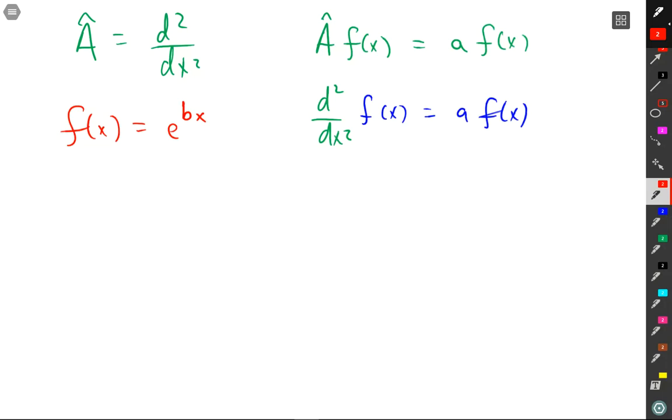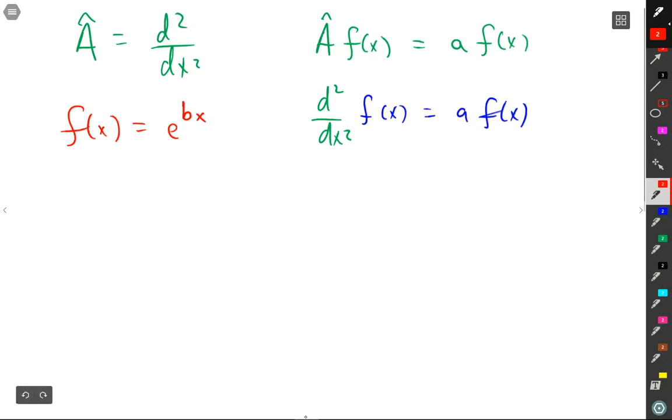So given that form, we put that into no longer a Schrodinger equation, but our equation finding the function for this operator. And so what should I do from here? I'm going to pick on Aaron. What should I do from here? So it would be d squared e to the bx, so just take the second derivative.